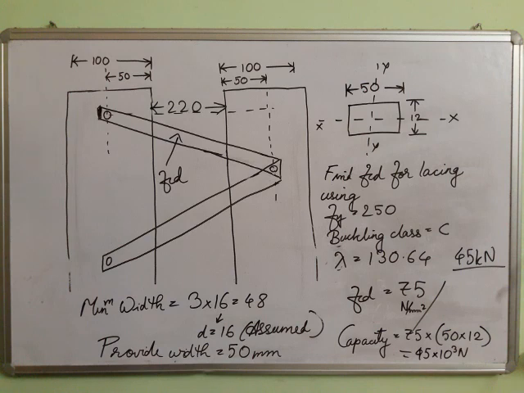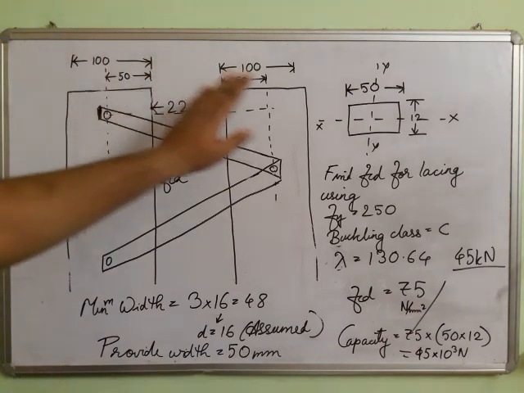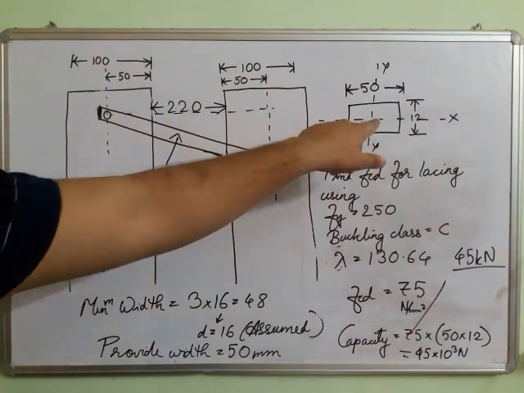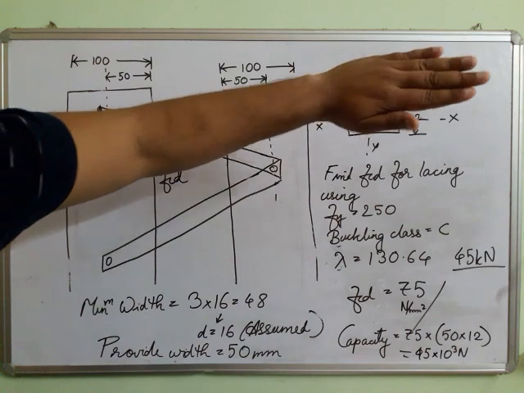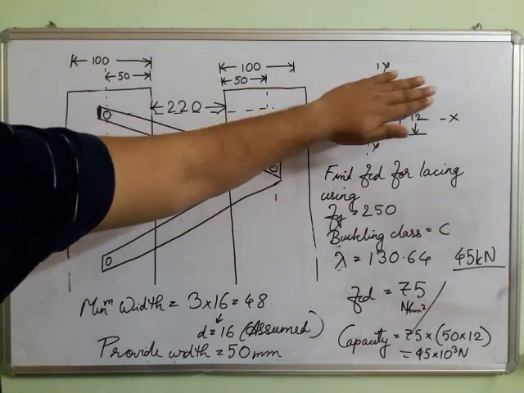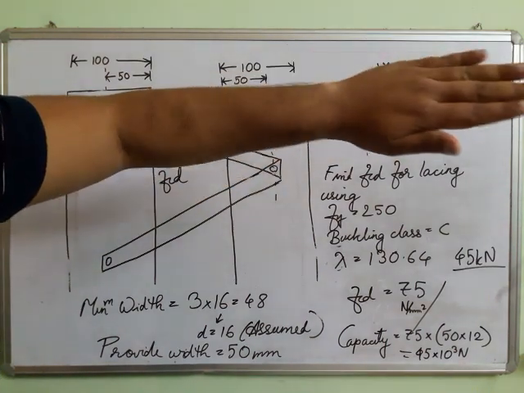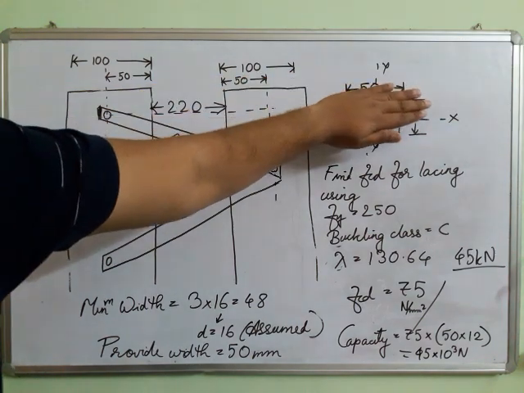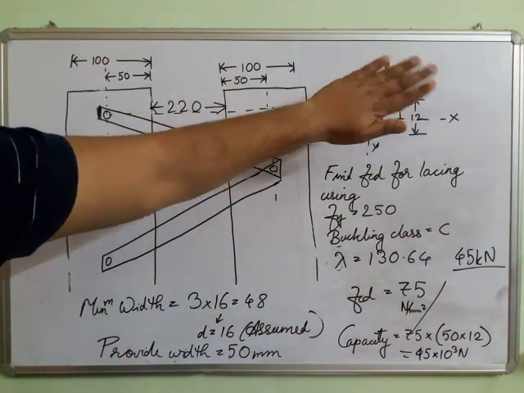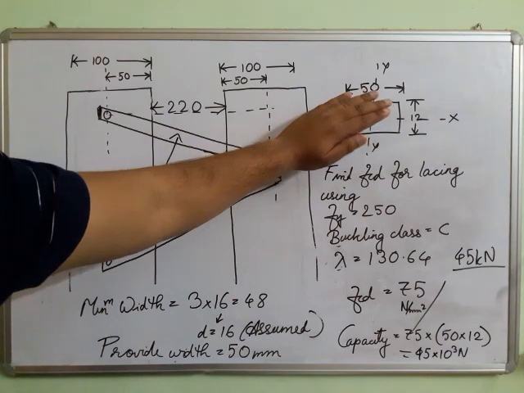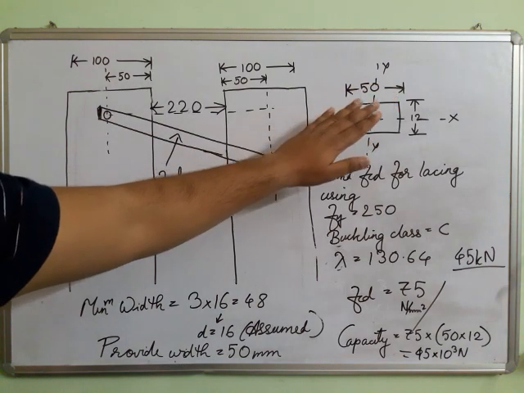It can take a compressive load if it falls in this manner. Just imagine this is a cross section. The compressive load will fall like this, and in this manner it can take up to 45. That means if we give a load in this manner in the cross section, and if the load is below 45, then the lacing is okay.